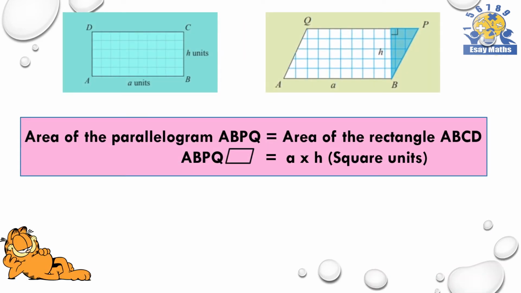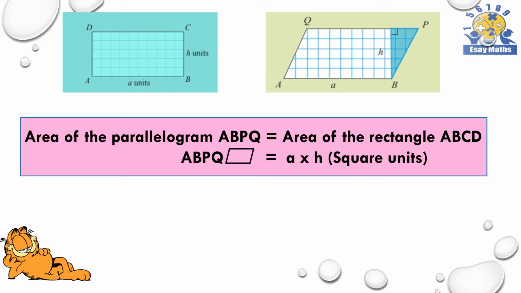So the area of the parallelogram ABPQ is equal to the area of the rectangle ABCD. So you know area of the rectangle ABCD is equal to length into breadth. Here the length is A units and the breadth or width is H units.